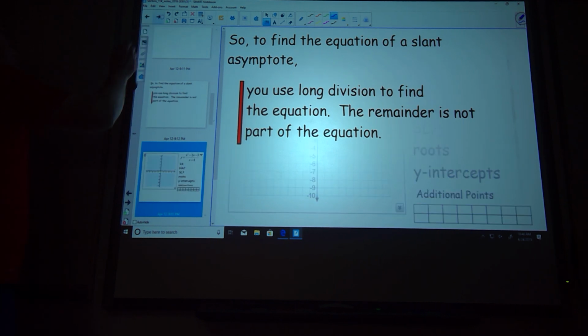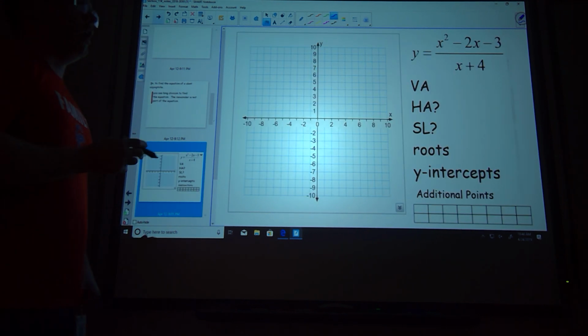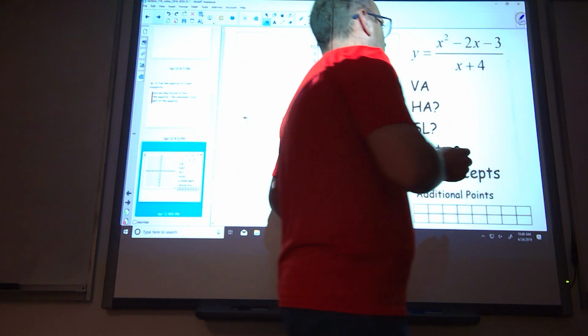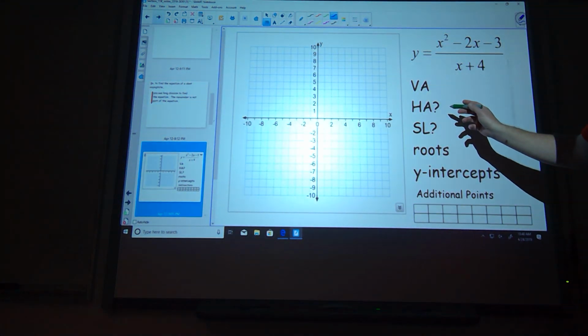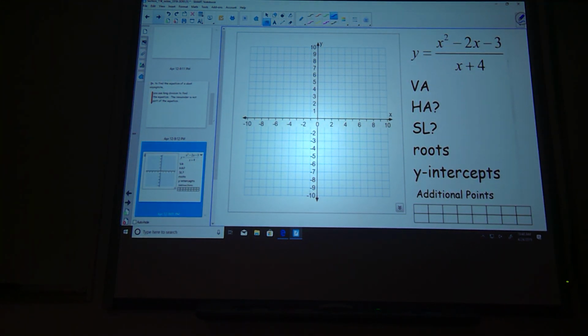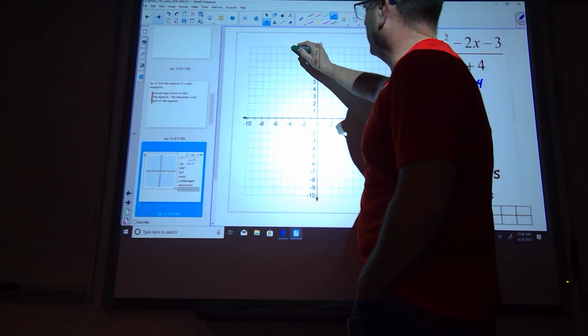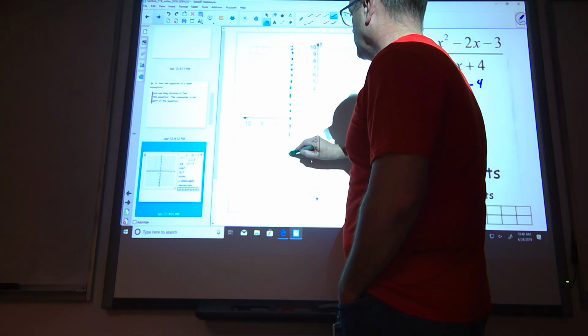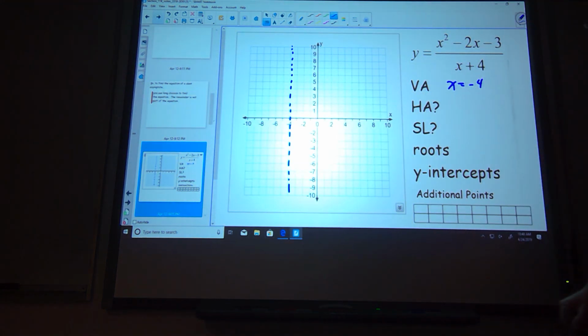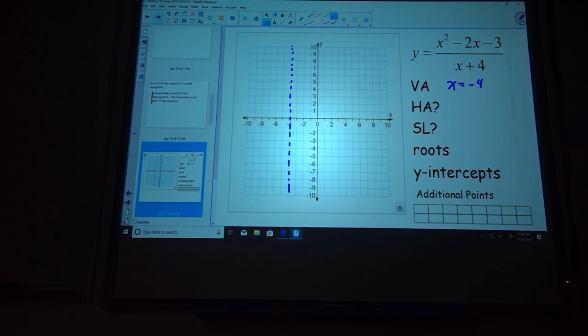Okay? All right, so taking a look at this. Do I have a vertical asymptote? Yeah, so my vertical is x equals negative 4. Okay, vertical here. I don't have a horizontal, right?